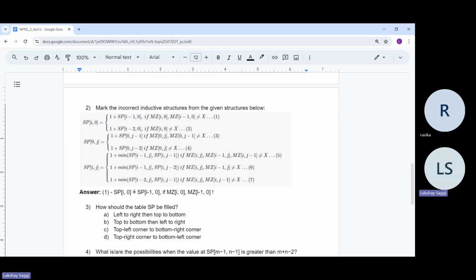I'll be representing not equals to by this symbol, the exclamation equal to symbol. So this is what the first structure should look like.